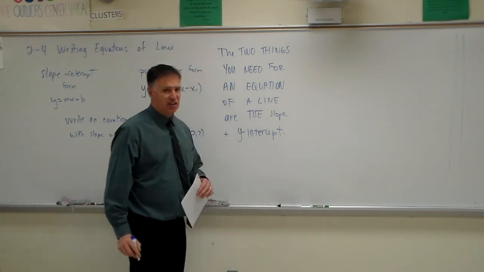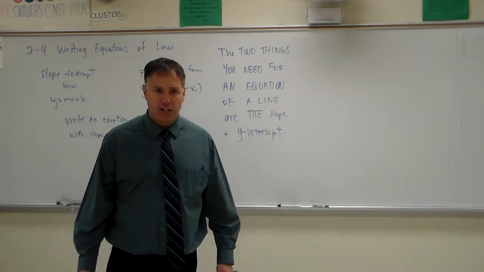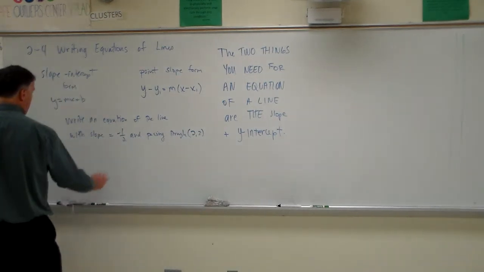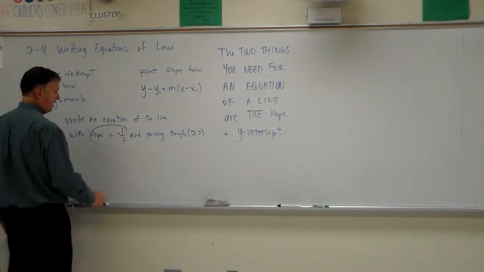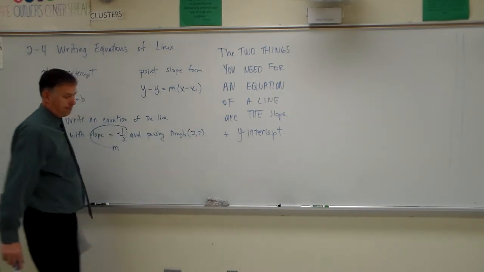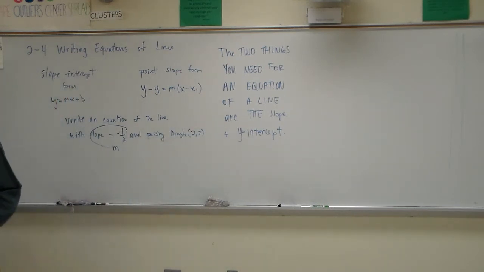Write it big somewhere, star it. Those are the two things you need for an equation of a line. And in this one, they give us one, but they don't give us the other. They give us m, they don't give us b. So we have to find it.